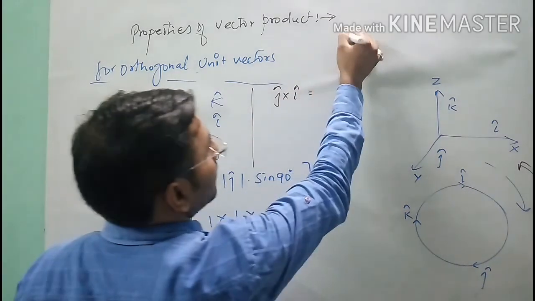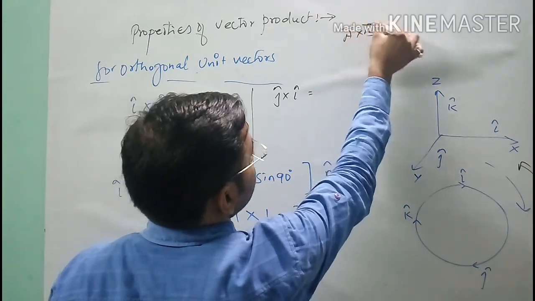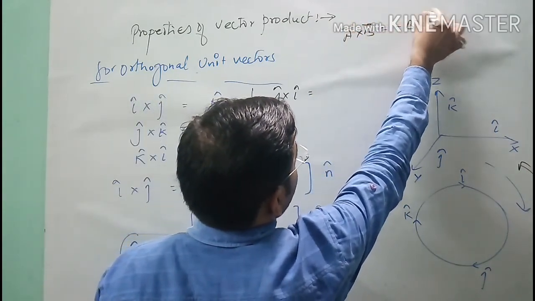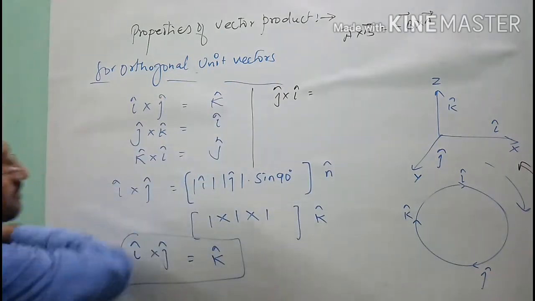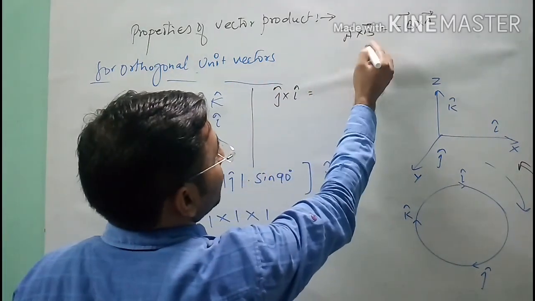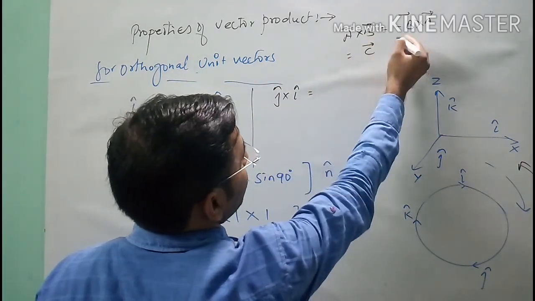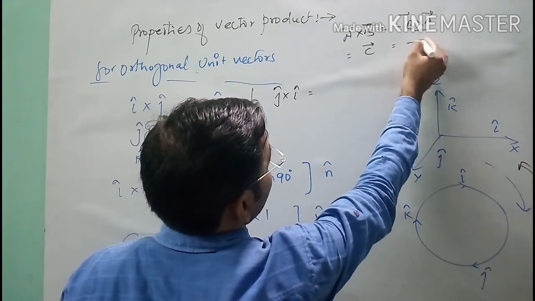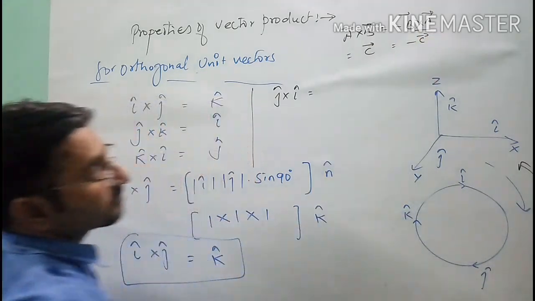As you know, a cross b is equal to negative of b cross a. So if a cross b is c, then b cross a will be minus c. Point is clear?